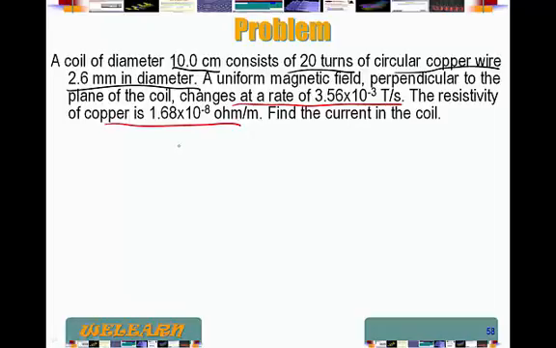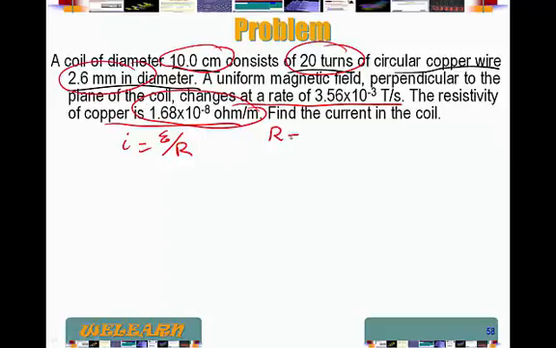Okay, now the current in the coil is going to be given by the EMF over the resistance. In this case, they didn't give us the resistance, but they gave us the resistivity of the wire that makes up the coil, and they give us the dimensions of that wire by giving us the diameter, how many turns, and its diameter as well.